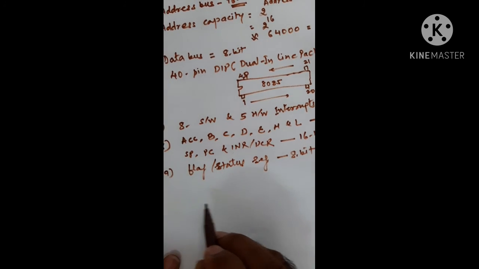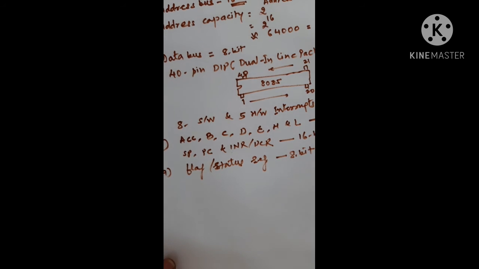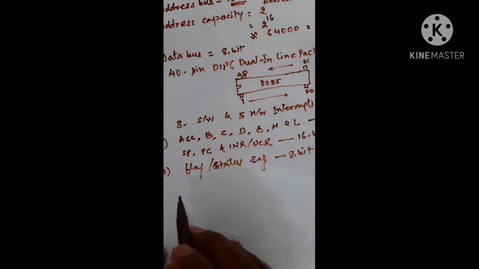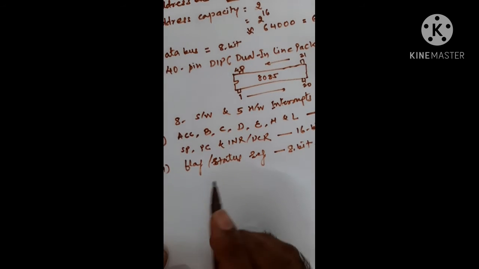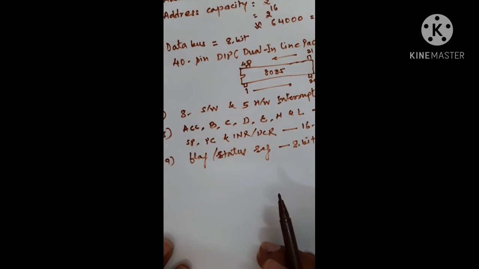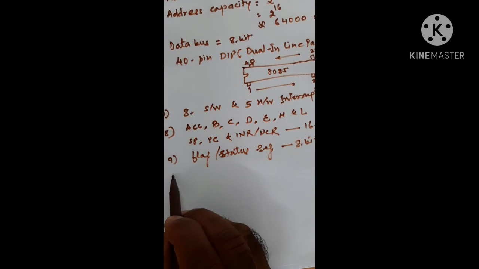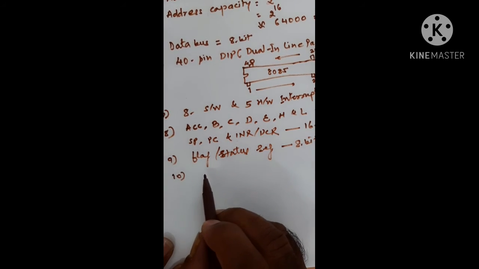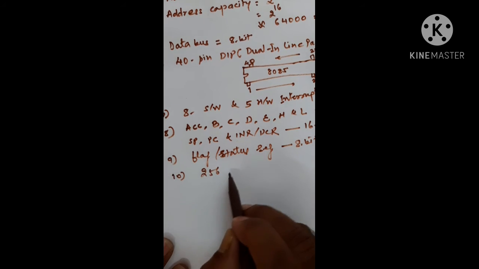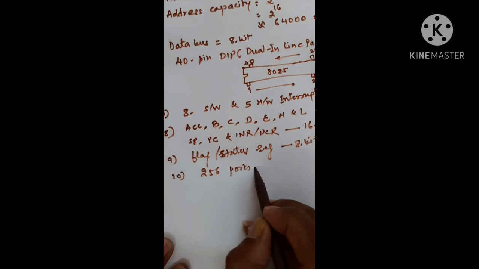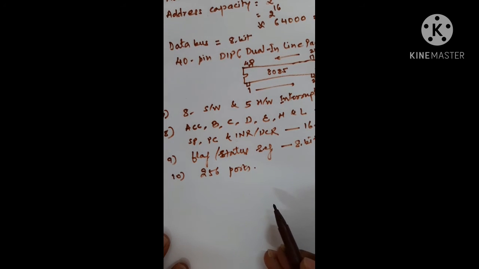Number 10 is about 256 ports. This means outside systems can be interfaced to the microcomputer where the 8085 MUPI is there.